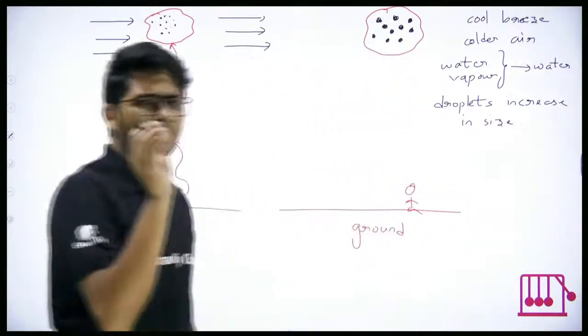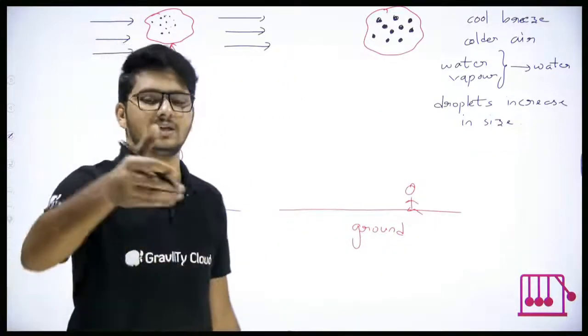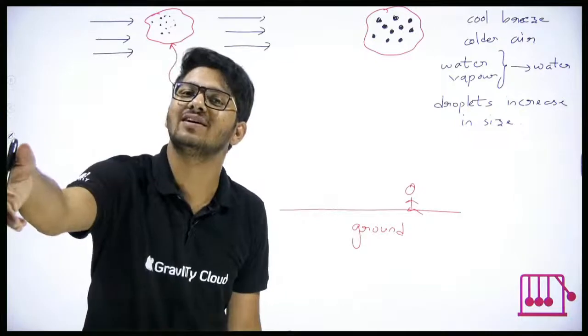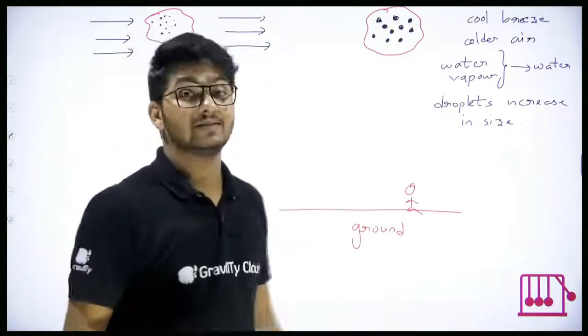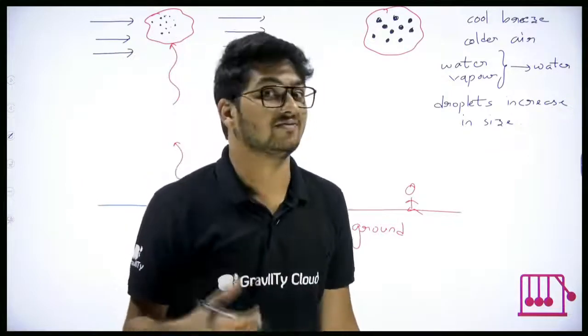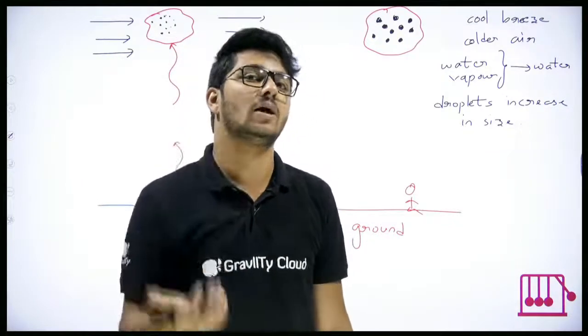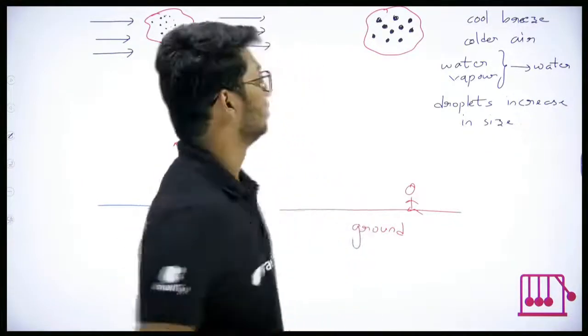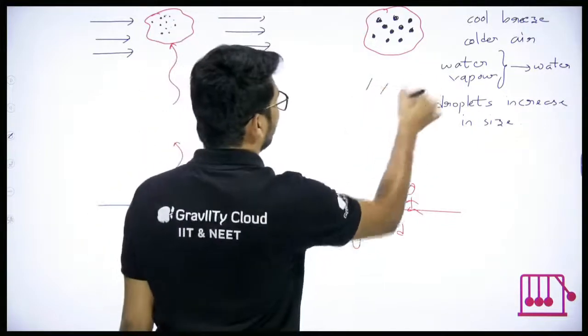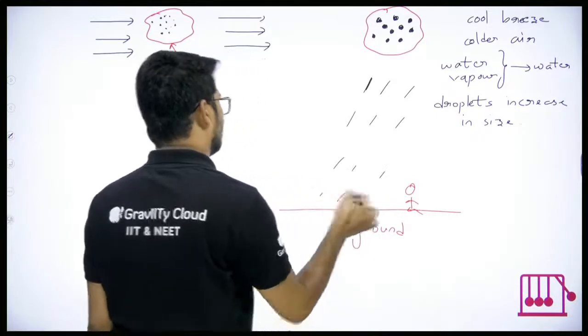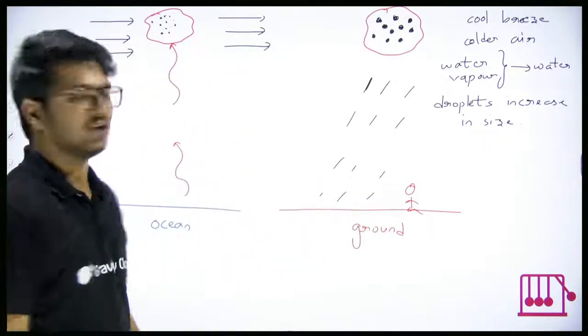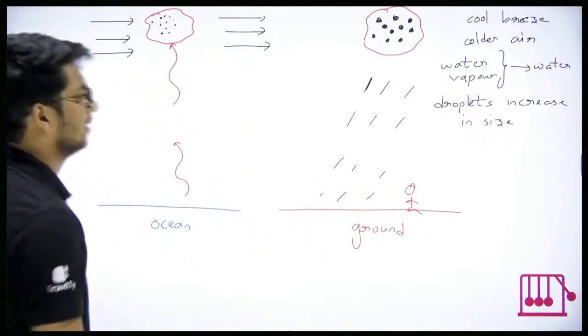So the water droplets' size will keep on increasing. But after some time, after some size, they become very heavy. And if they become heavy, they fall down to the earth. That's how we get rain. Got it? Okay, good.